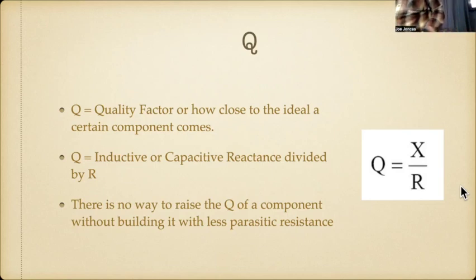But Joe, your chart here says that Q is a measure of a component. So we don't really build components, do we? Isn't that our starting point? A component is something that we put together with other components to make other things.